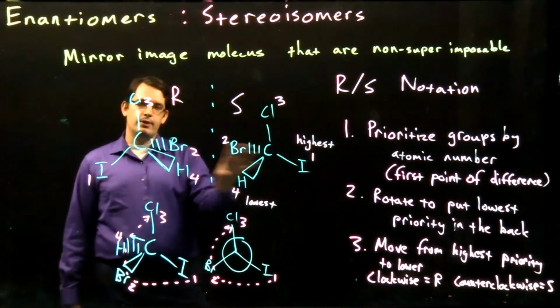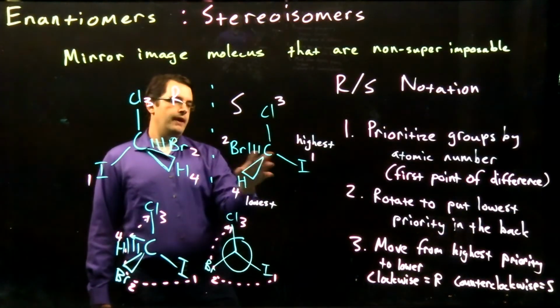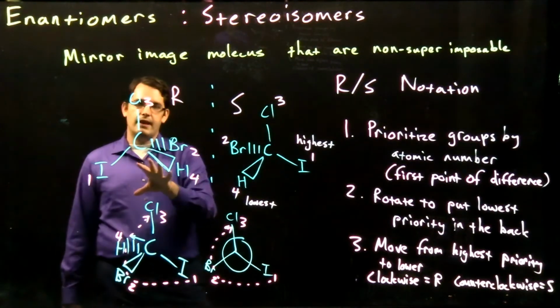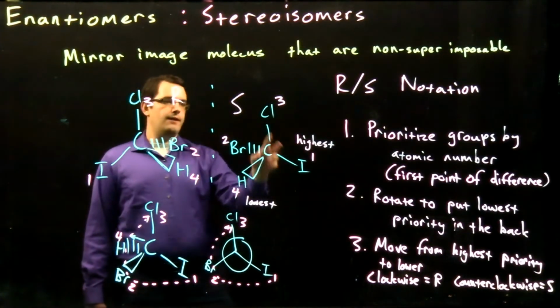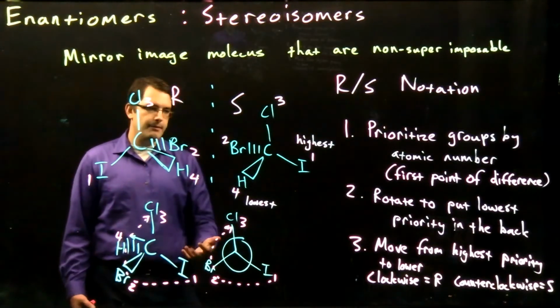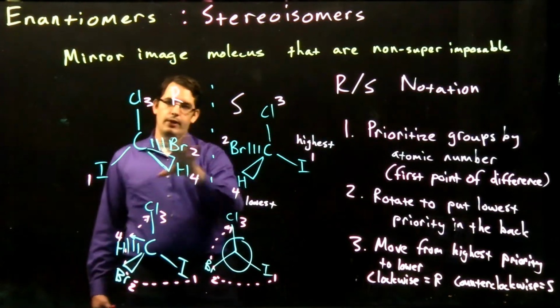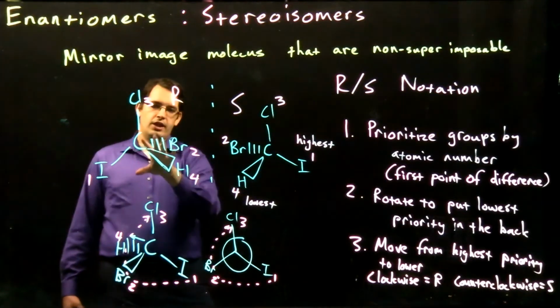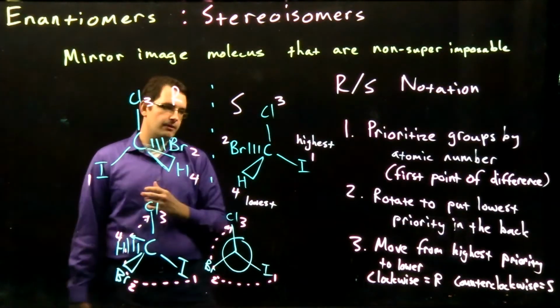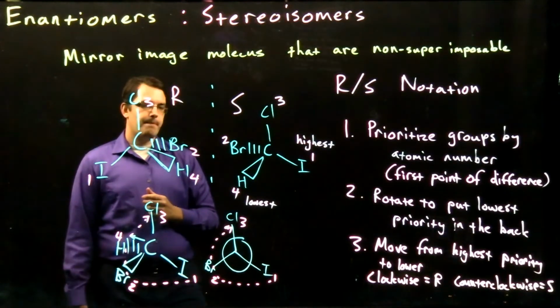Right? So if we compare our two enantiomers here, they still have all the same bonds and all the same connections. We still have that bromine attached to my carbon, the iodine and the chlorine all attached to that same carbon. So we haven't changed any bonds, we've just changed the relative spatial positioning of those bonds.